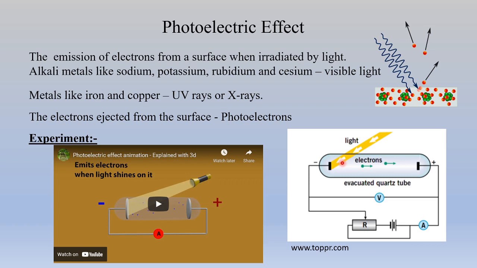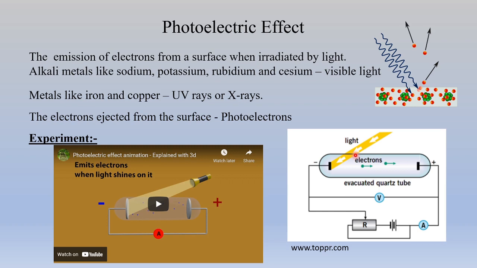That minimum frequency required for the photoelectric effect is called the threshold frequency. So the photoelectric effect happens only when the incident light has a minimum frequency, the threshold frequency.